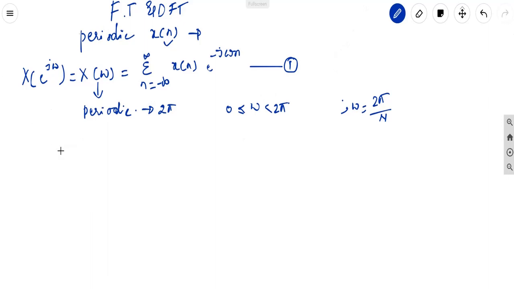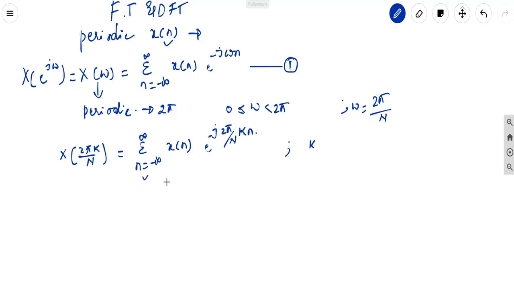So this becomes x of 2 pi k by N is equal to summation n equal to minus infinity to infinity x of n e to the power of minus j 2 pi by N k n.